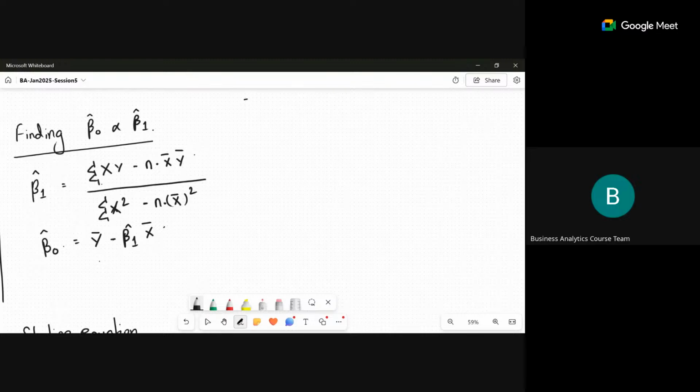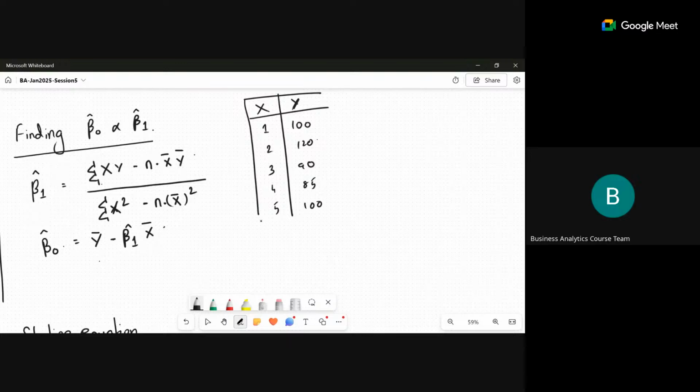If I give you a data set, with x as 1, 2, 3, 4, 5 and the corresponding y as, let's say, 100, 120, 90, 85, then 100 again, then xy is 100, 240, 270, 340 and 500.